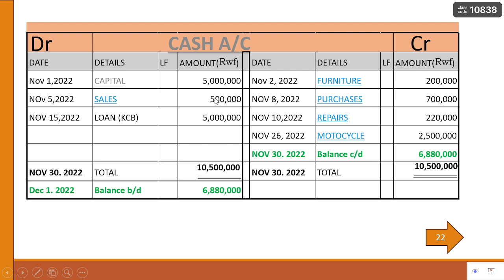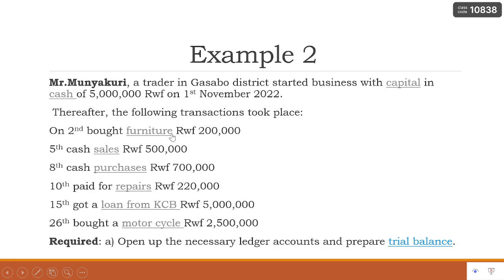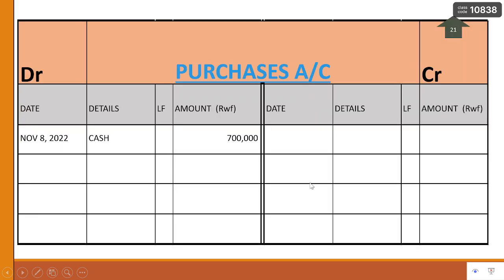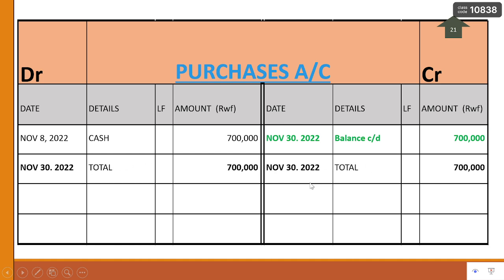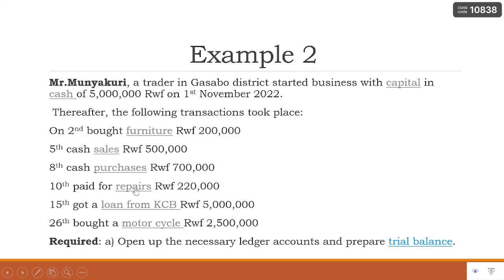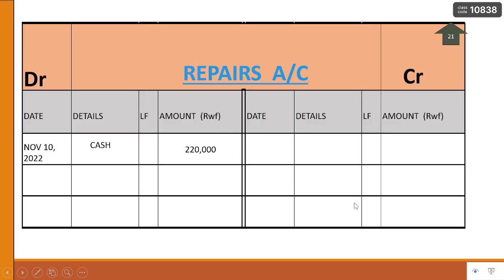After sales, we go to purchases and we balance it off at 700,000. The balancing figure comes to the debit on December 1st, 2022. After the purchases, we go to repairs and balance it off.